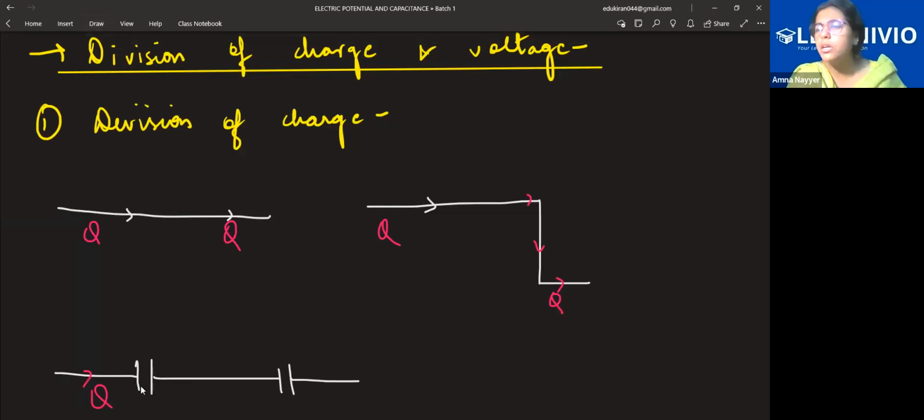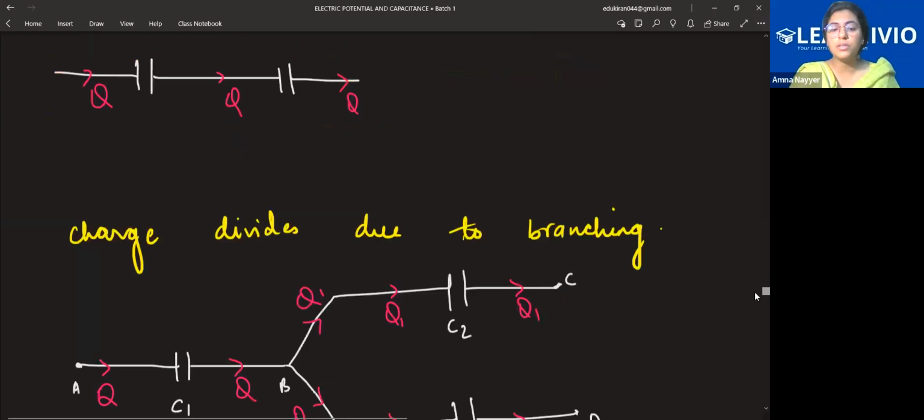So even on crossing this capacitor, the charges won't be divided over here. Here also this will have charge Q only. Fine. Whatever charge has come in the beginning, the charge will remain the same as it is, because this device won't cause any obstruction.